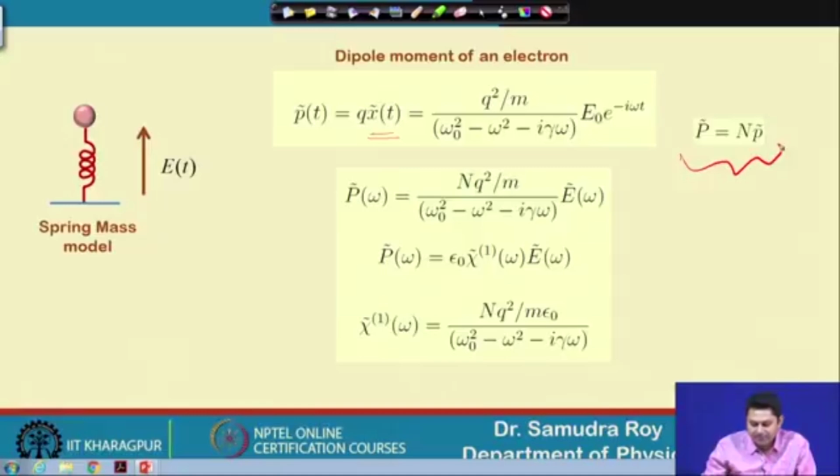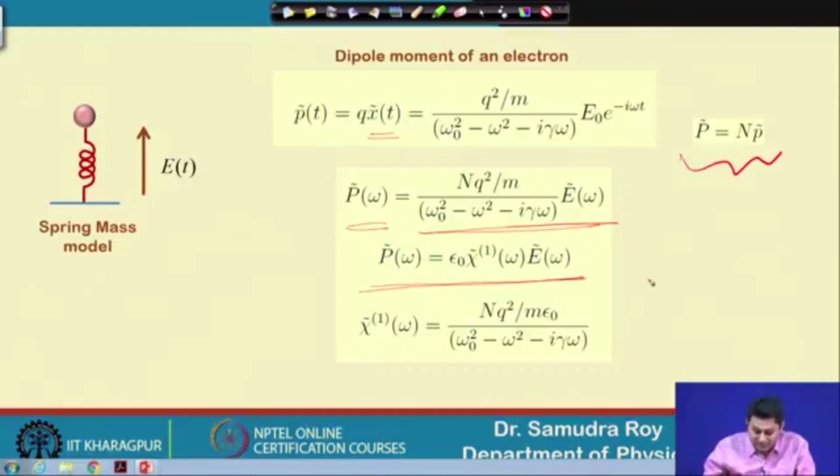Once we have the number of dipoles per unit volume, the next thing is to write these things in terms of n. So my small p now becomes big P, a function of omega, and I multiply both sides with n to get this expression. Again, P and E are related by this expression. We know that the polarization is related to the electric field in the frequency domain.